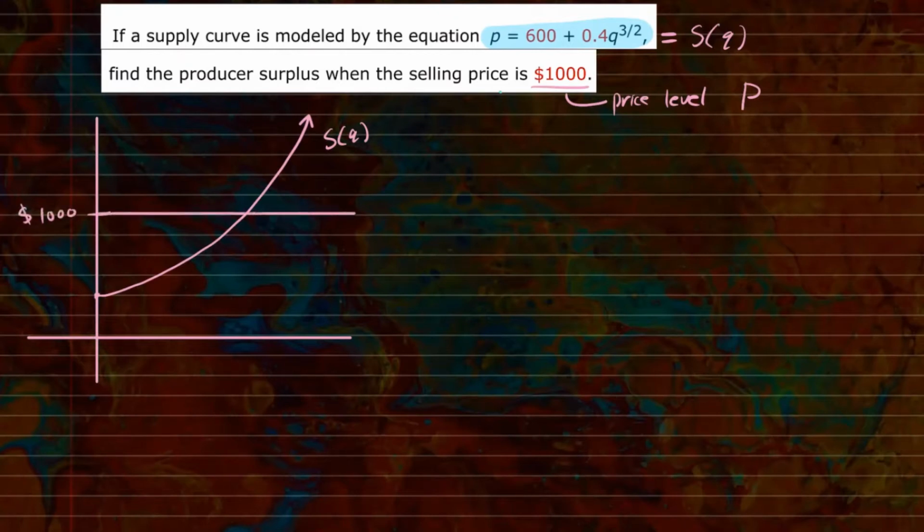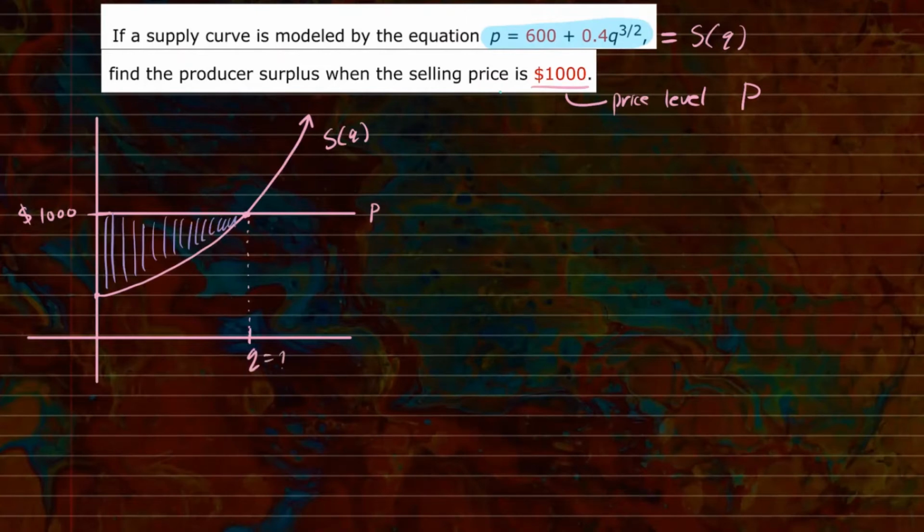This is the price level, or P. The producer surplus is this region right here. This is what we're looking for. What's the area of this bounded region? That means we need to figure out from where to where we're integrating. We're integrating from 0 to this point right here, Q. So we need to figure out what Q is, the number of units this producer has to sell.